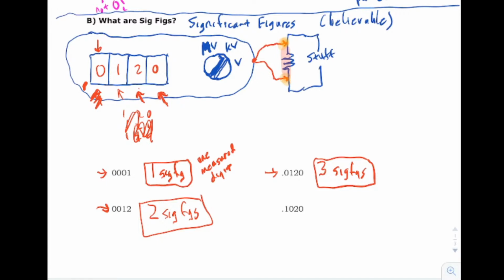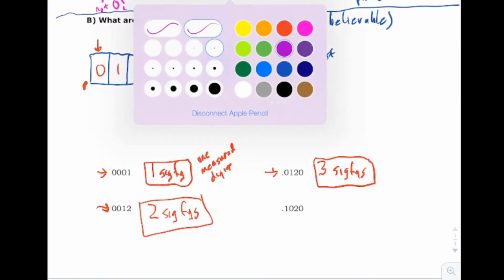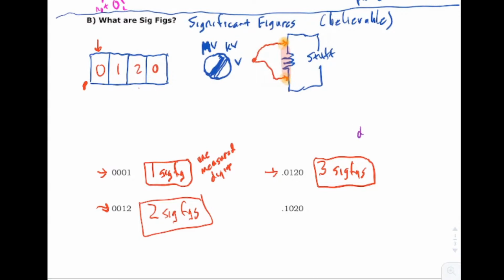So the moral of this story is, if you like rules, I hate rules. But so many people love them, so whatever. If you wanted a rule, it would be something to the effect of: don't count any initial zeros, even if they're after a decimal.